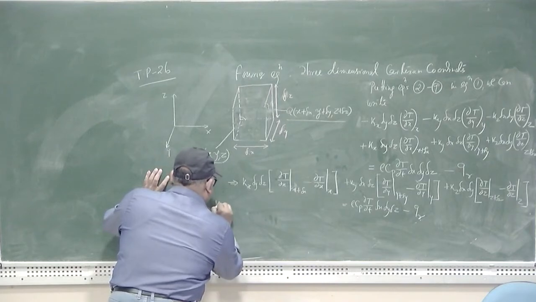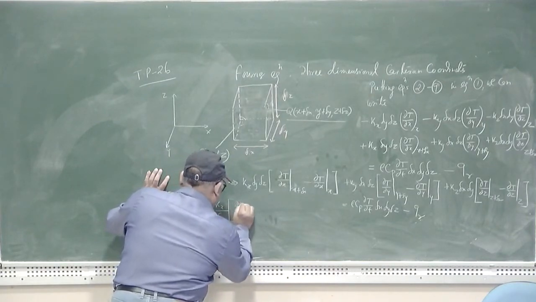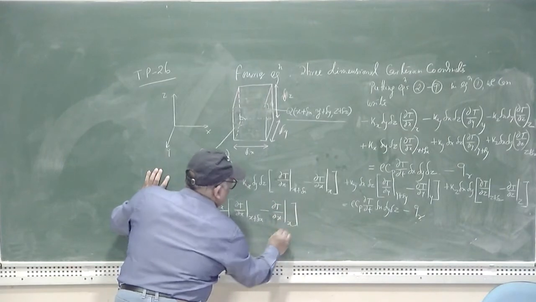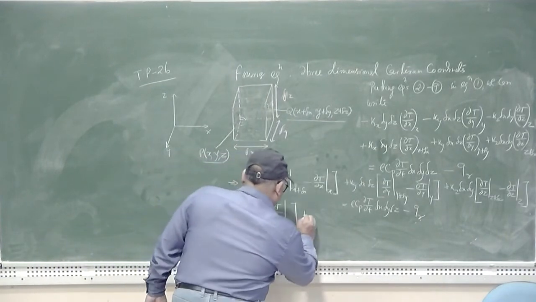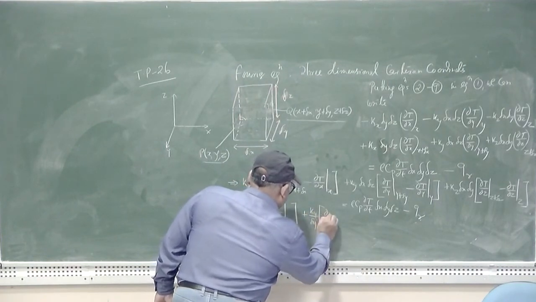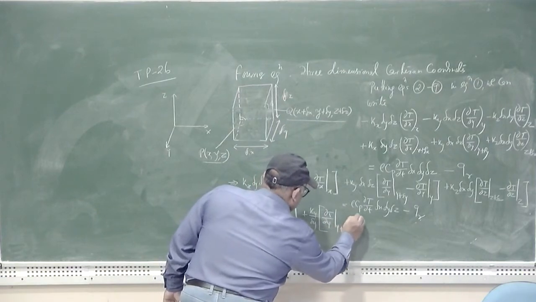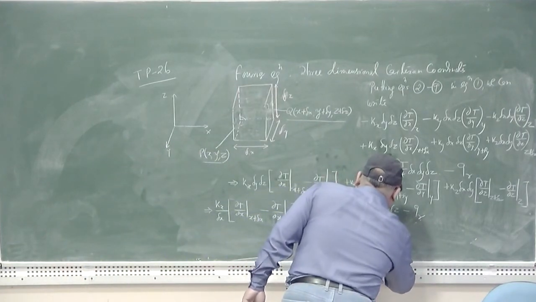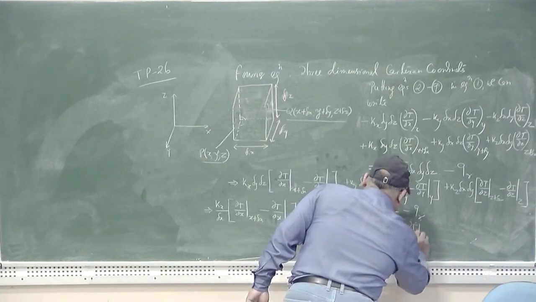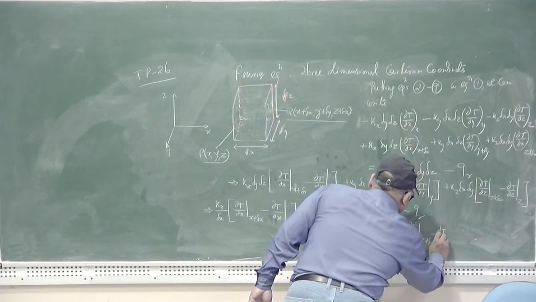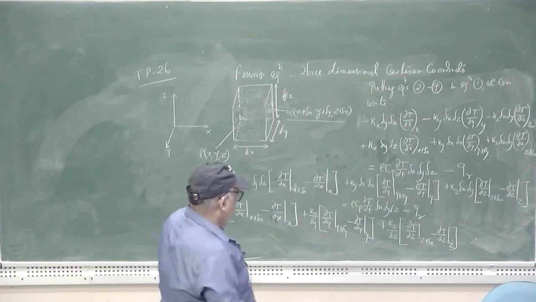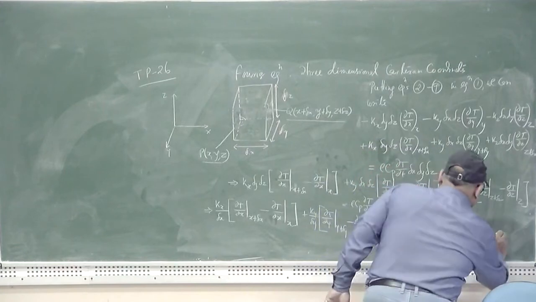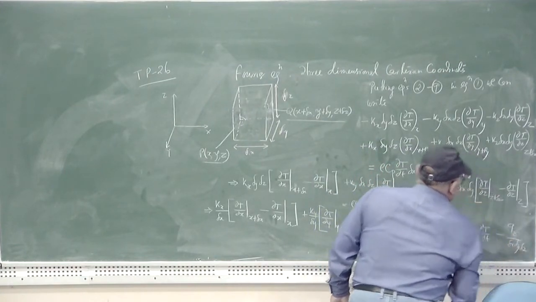So we can write here kx upon delta x, this quantity, okay, plus ky by delta y, this, plus kz upon delta z, this quantity, that should be equal to rho Cp delta T upon delta t minus Qr divided by delta x, delta y, delta z.